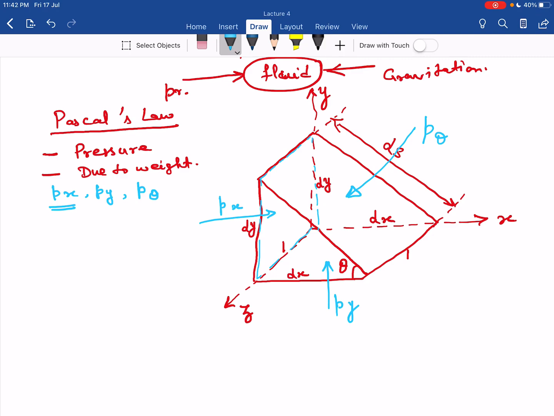So say first we write the forces along the x direction. So when we write these forces, along this direction you have Px into the area of the element, which is dy into 1.